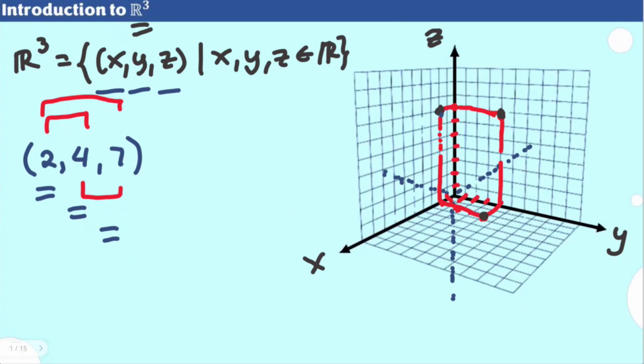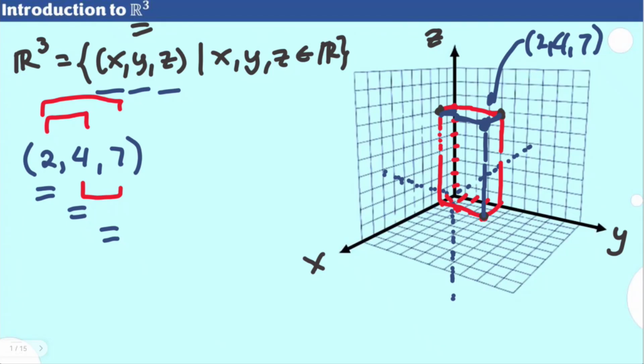So if we're going to draw a similar xy plane, assuming that we will have parallel to the xy plane at the bottom, you will have here this connection. This point here is the location for your 2, 4, and 7. Okay, this is the point of your 2, 4, and 7.